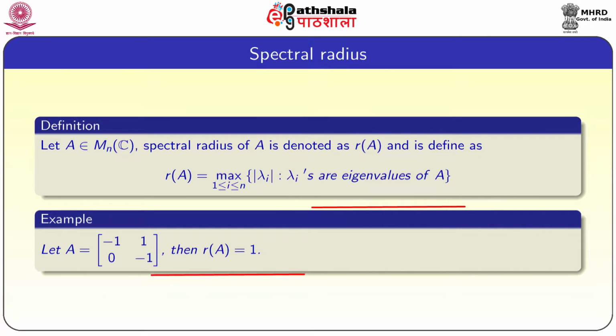So, the modulus of these two eigenvalues is 1. So, R(A) equals 1. Therefore, the spectral radius need not be an eigenvalue, it is the absolute value of the eigenvalues. But now we are going to show that for non-negative matrices, the spectral radius is going to be an eigenvalue. That is the reason we introduced this concept.